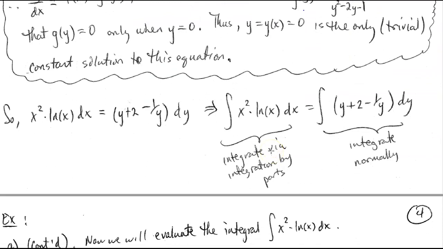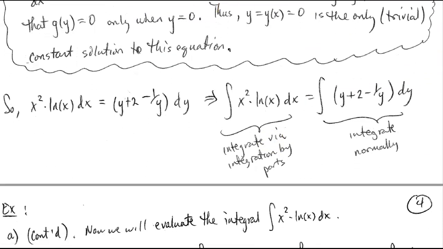All right, so moving on here. So taking note that we have a constant solution of y equals 0, we go and try to see if we can find the non-constant solutions. So here I take basically the indefinite integral of both sides.